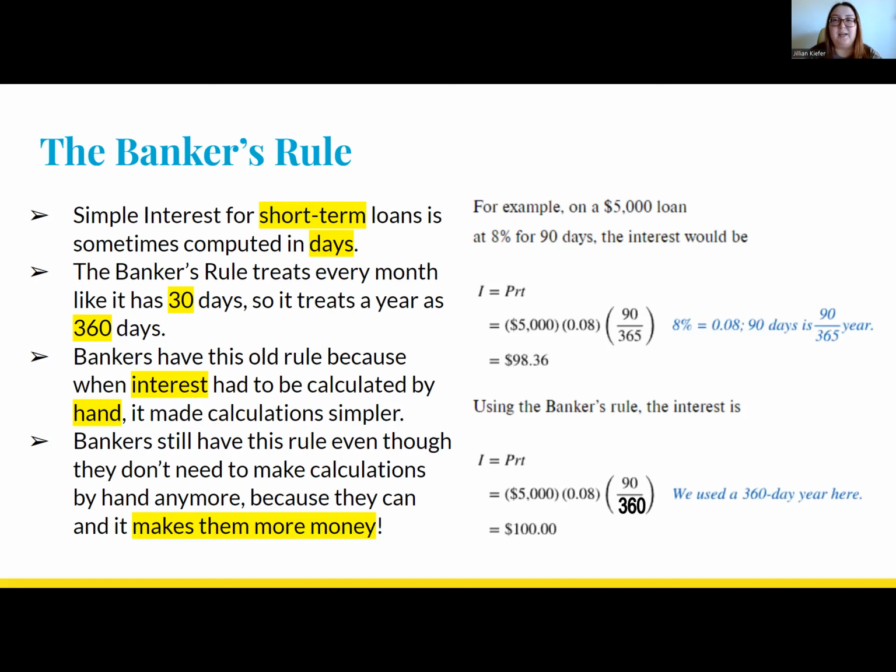Sure, it was only about $1.64, but imagine if that loan was for a lot more money. You could end up owing a lot more in that case than what you should be owing. So it's always good to be aware of these things. Once again, this is called the banker's rule. So it is a way that kind of cheats you out of some money. So it's things to be aware of.